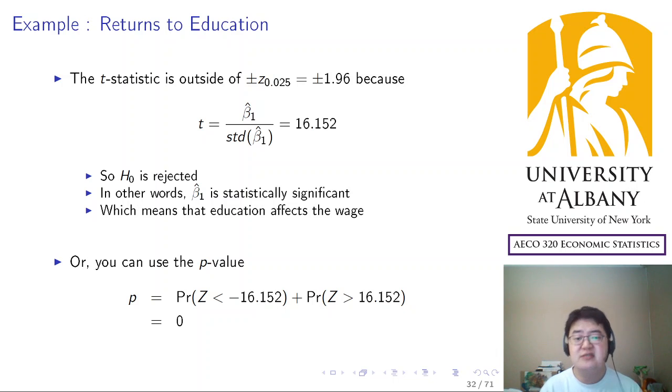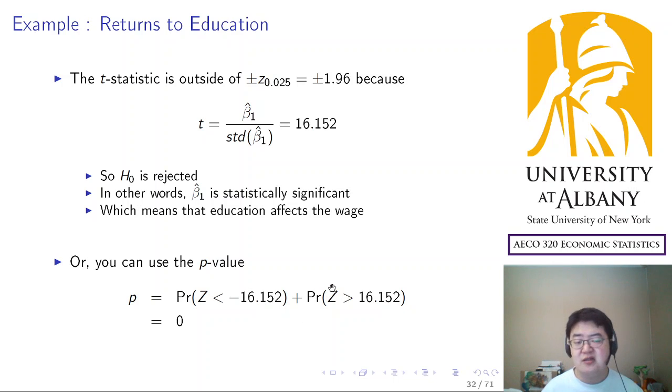Its coefficient, beta 1, is statistically significant, which is good news because our model predicting wage using education is doing something; it is not useless. And for the p-value, you have to calculate the probability of being smaller than minus 16 plus greater than plus 16, which is easily 0.